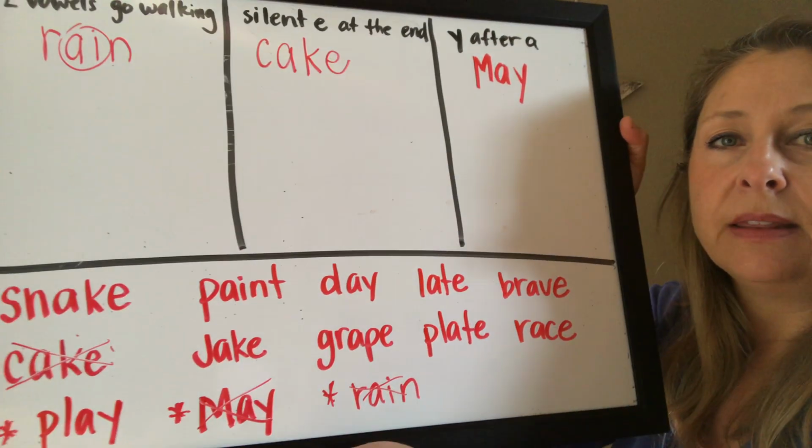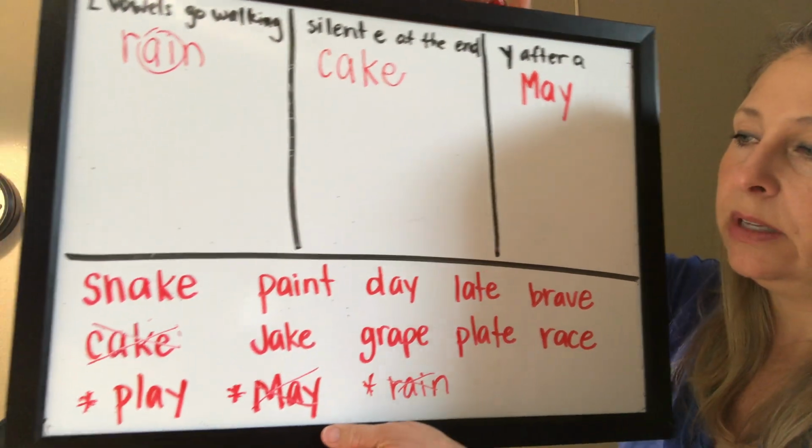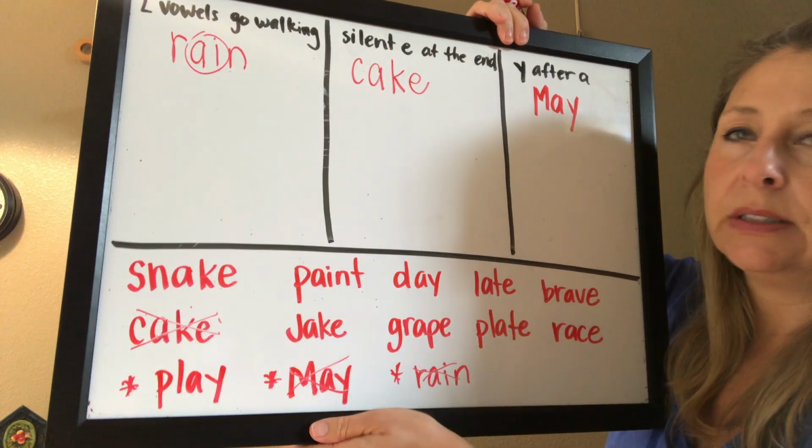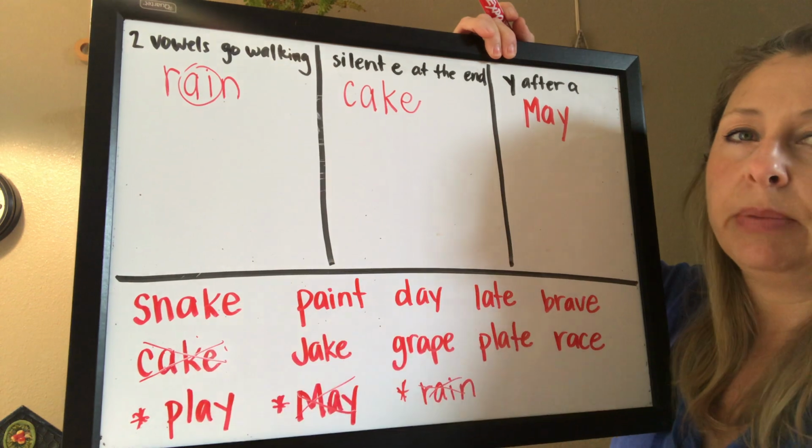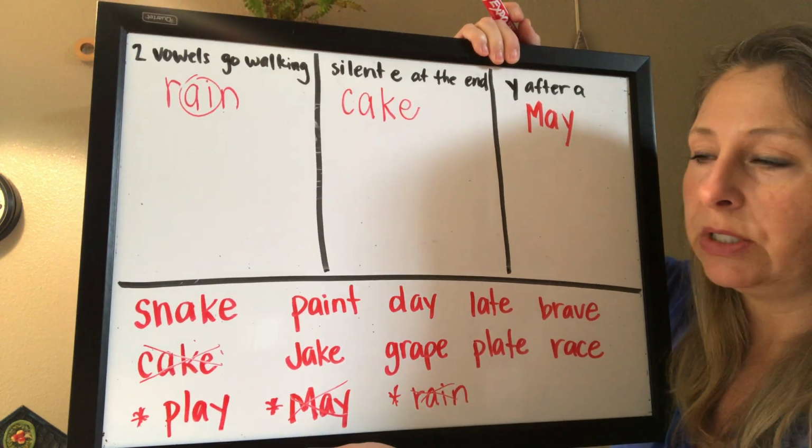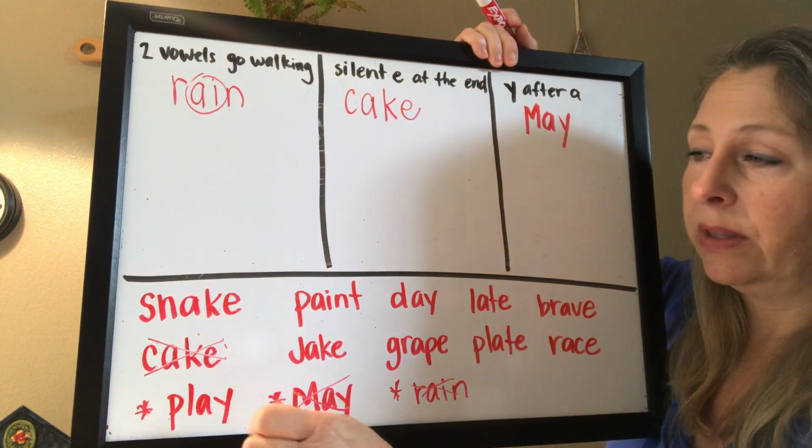And I'm going to send this to your family, and I want you guys to say these words and try to place them in the right place following the rule. So let me read these words to you, and then I'm going to read you a story with these words in it.